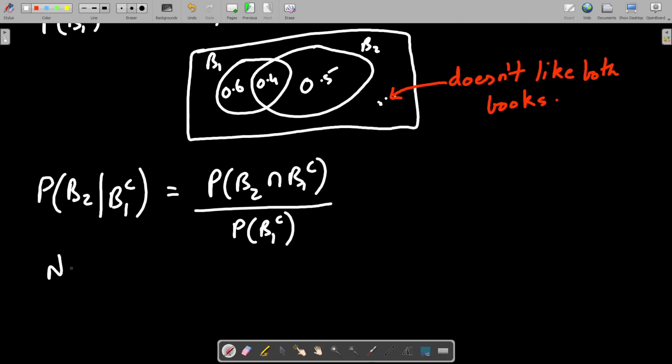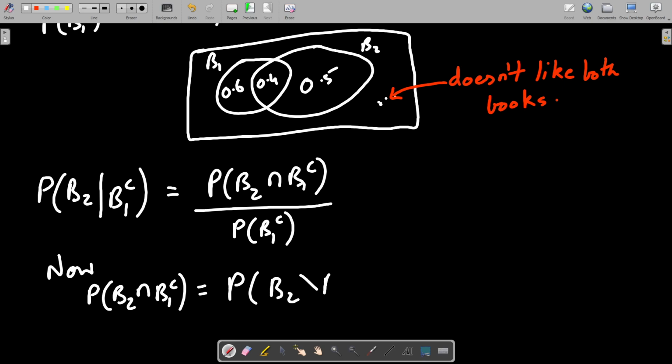Okay, so now the probability of B2 intersection B1 complement should become the same as the probability of B2 minus B1, set subtraction.